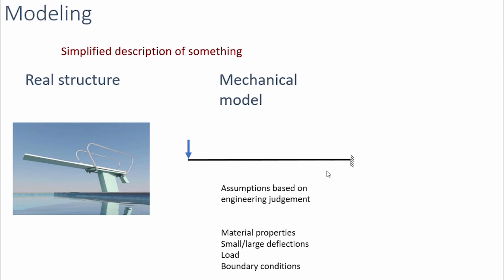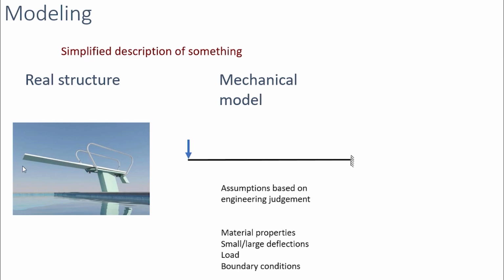Similarly, we can make some assumptions regarding the material properties of the structure. We can use homogeneous isotropic properties for the material. And we also should know the strength of this material, so we'll assume some value for it.